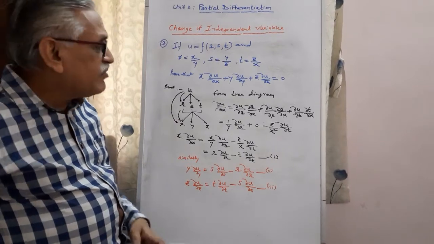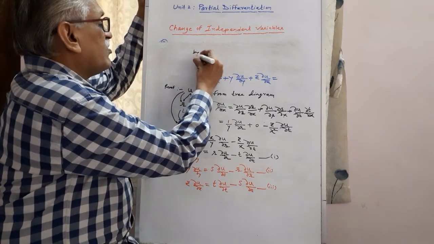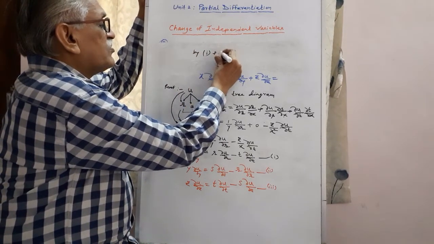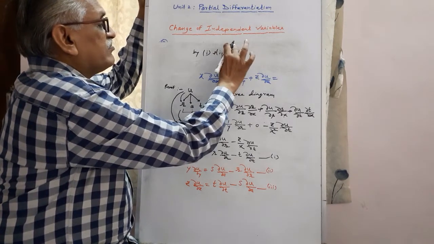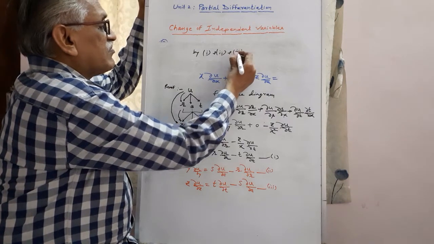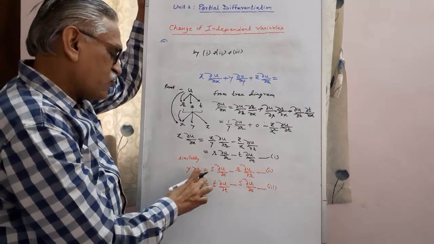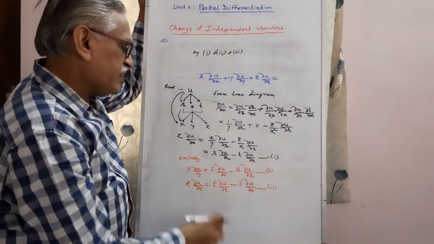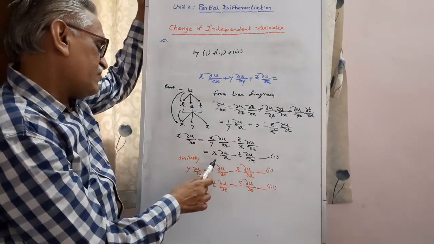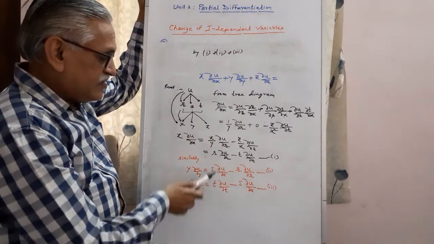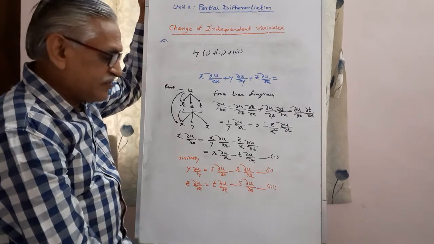Then by adding 1, 2, 3, we get, yes, the addition of the left hand side. It is x ∂u/∂x plus y ∂u/∂y plus z ∂u/∂z is equal to the addition of these 1, 2, 3 terms: r ∂u/∂r, and this is minus r ∂u/∂r, cancel.